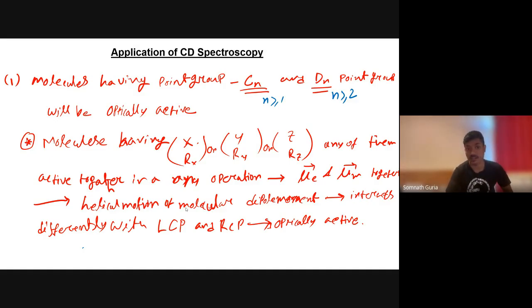Depending on that, we can say whether my molecule is CD active or not.